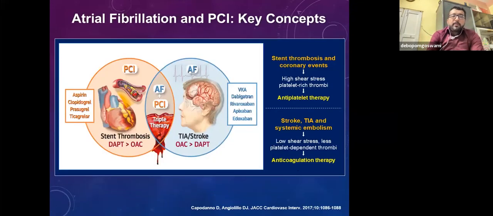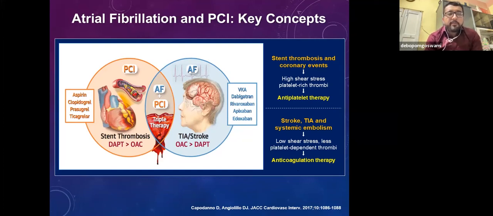Now, in patients with atrial fibrillation who undergo PCI, it's basically a double-edged sword, because the risk of stroke due to atrial fibrillation is quite high. We already know that oral anticoagulants are far better in stroke prevention than dual antiplatelet therapy.